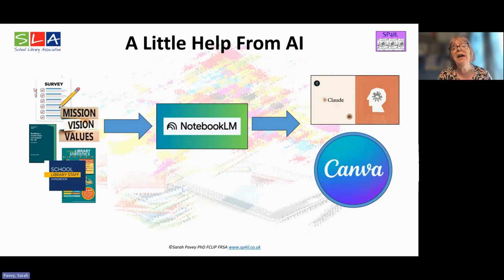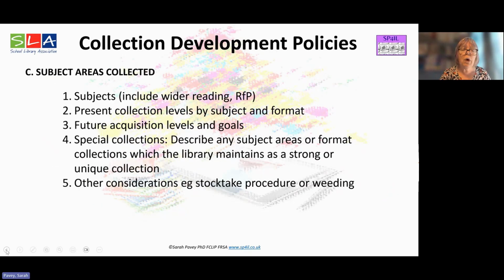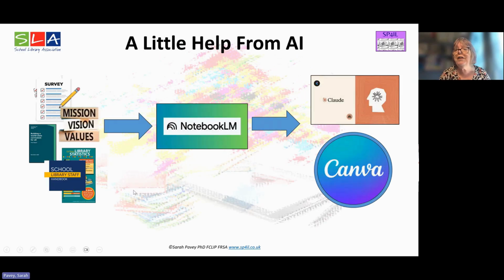Because one of my favourite AIs for formal documents is Notebook LM, which is completely free. So if you uploaded your survey results, your library management system statistics, any curricular documents, any Ofsted inspections, any school mission statements, your own library's handbook, anything like that, upload it all into Notebook LM, go back to those different sections that we've got here, put them in one at a time, get it to do each one, even maybe the subsections, individually until you've got the whole thing together.